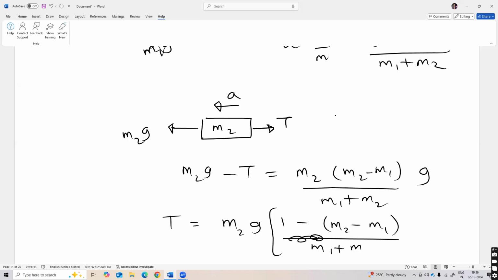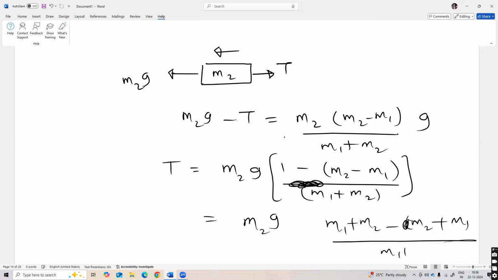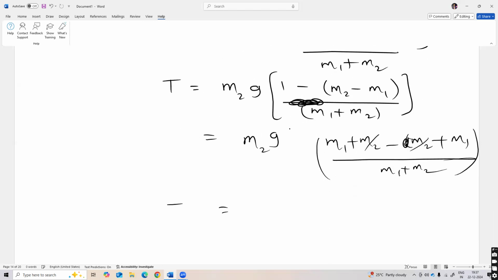Sorry, this minus is only for the second term. If we solve this, we will get M2G into ((M1 plus M2) minus M2 plus M1) divided by (M1 plus M2). So here M2 got cancelled and we got 2M1. So finally we got tension is equal to 2 M1 M2 G upon (M1 plus M2).